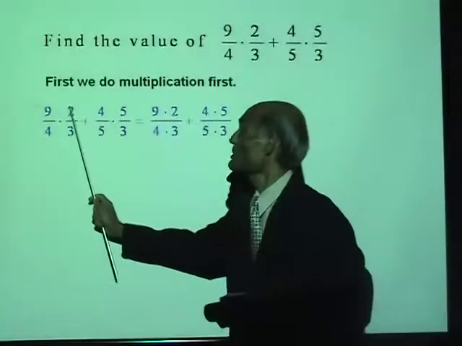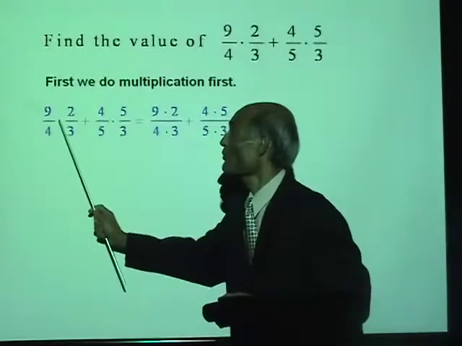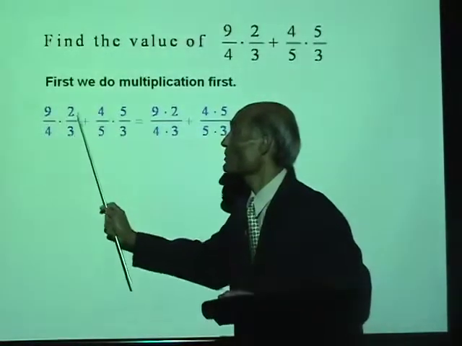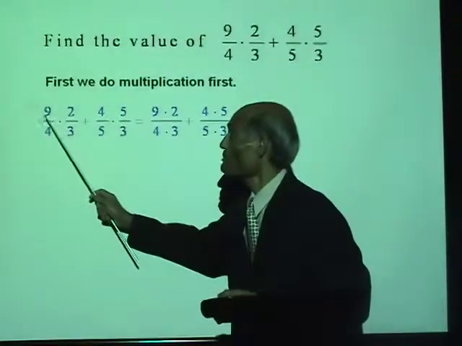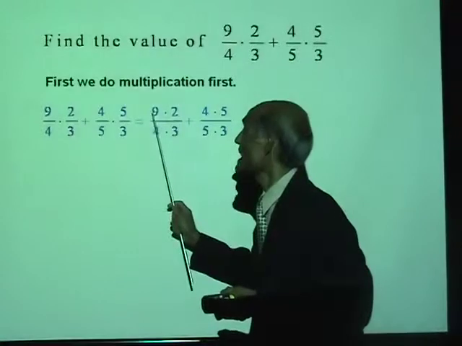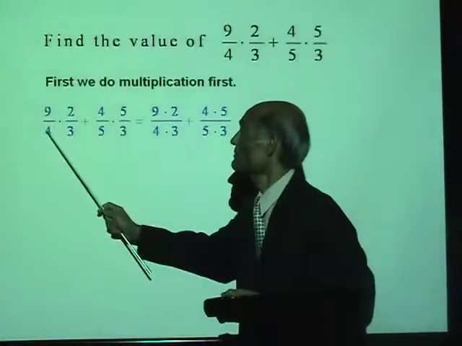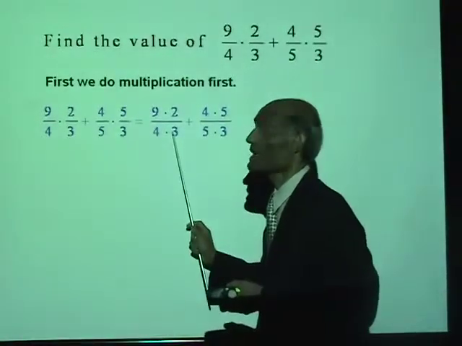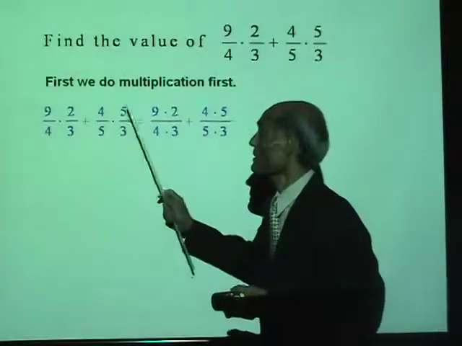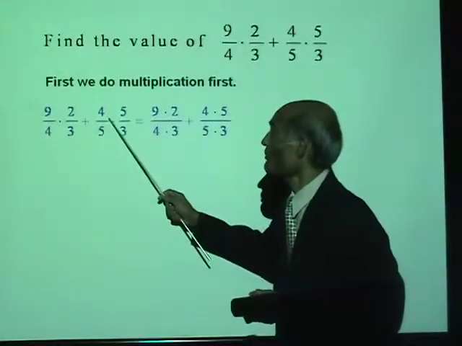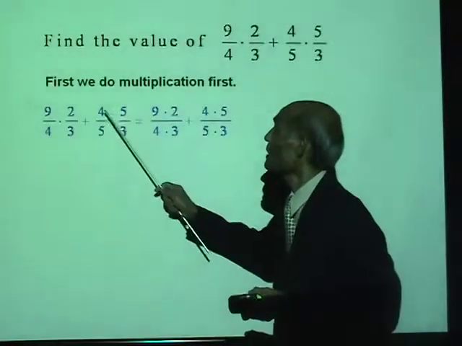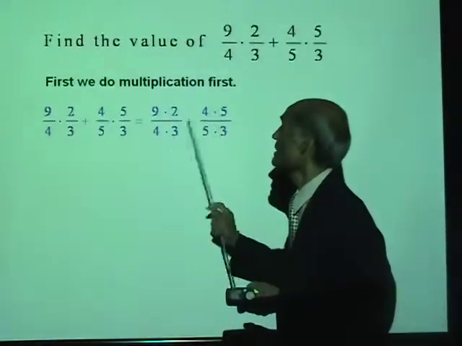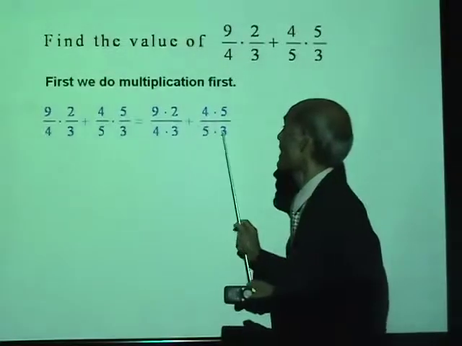Look at the way I wrote it. 9 over 4 times 2 over 3. We learned how to do this in the last class. Multiply the numerators: 9 times 2, divided by 4 times 3, plus 4 over 5 times 5 over 3, which is 4 times 5 divided by 5 times 3.